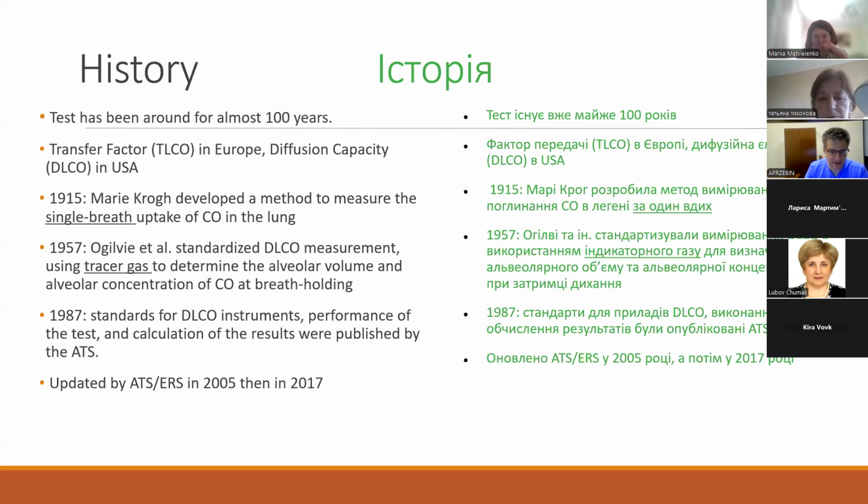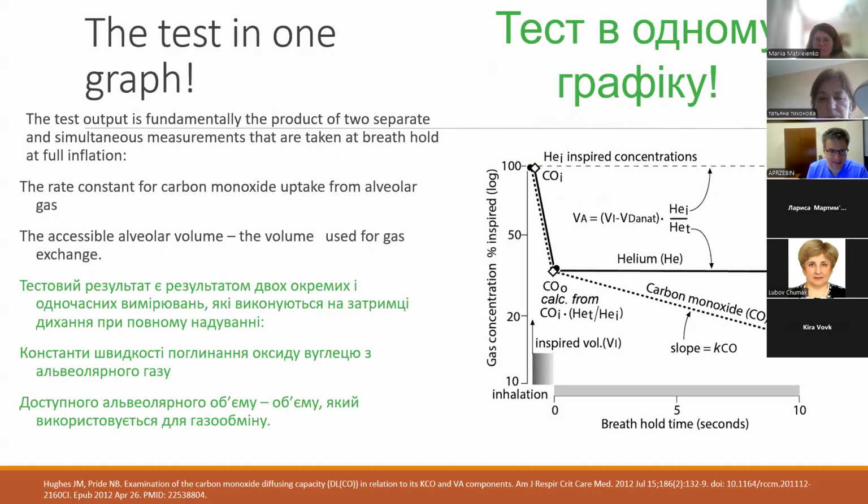So while it's been around for a long time, there have been some technical changes and standardization over the years, and it's remained very confusing, I think, for people. In one graph, this is kind of what's happening, and I don't expect you to understand it from this graph, but as we move forward, hopefully by the end, we can understand it together.